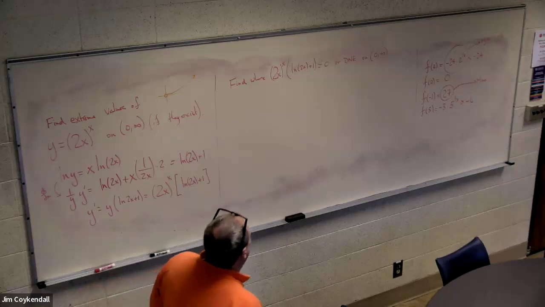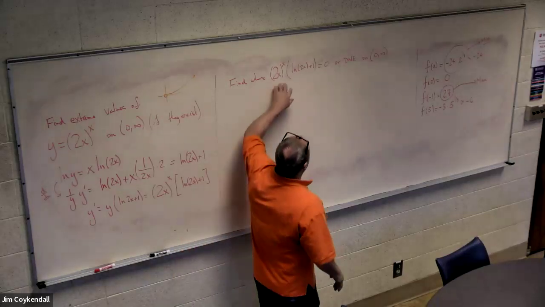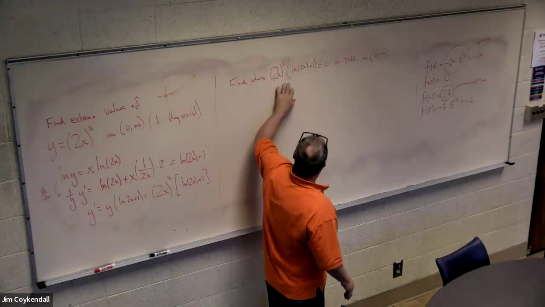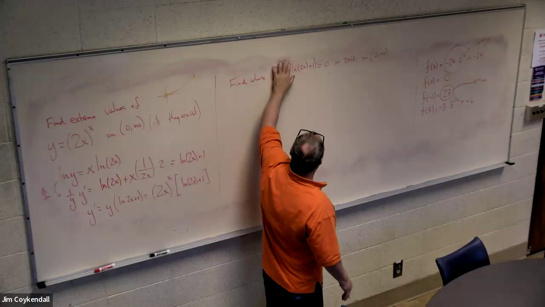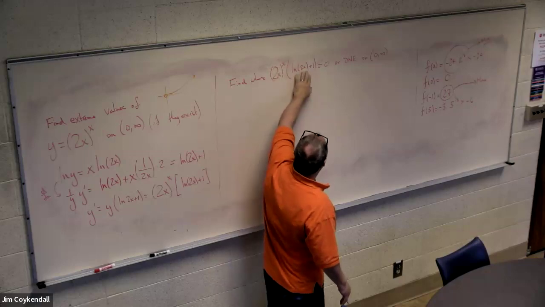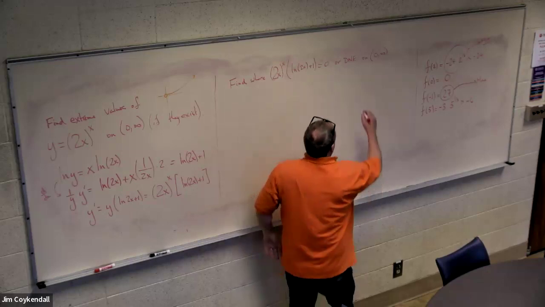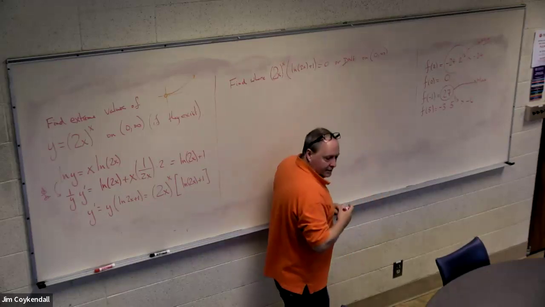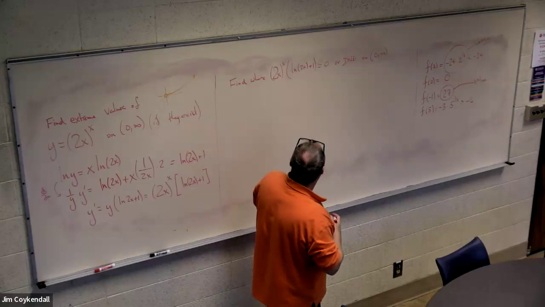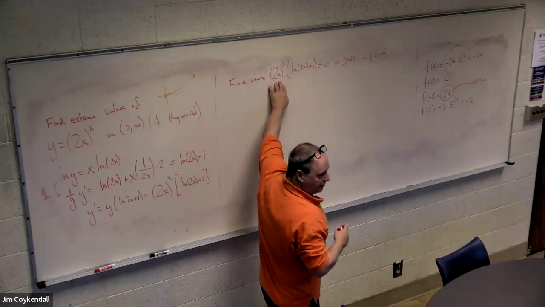Now, where does this not exist? Nowhere. Because on the interval from 0 to infinity, not including 0, this is always continuous, and so is this. So DNE doesn't happen, and you only need this to be 0.